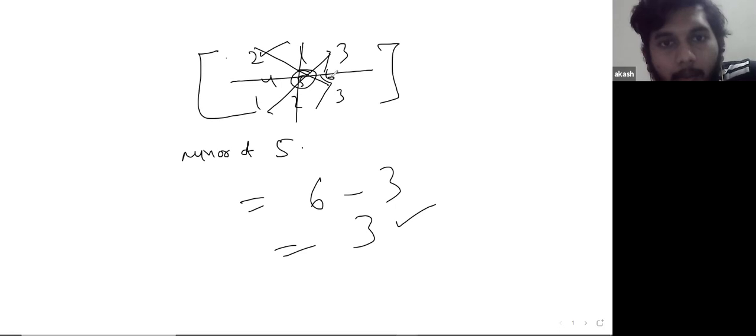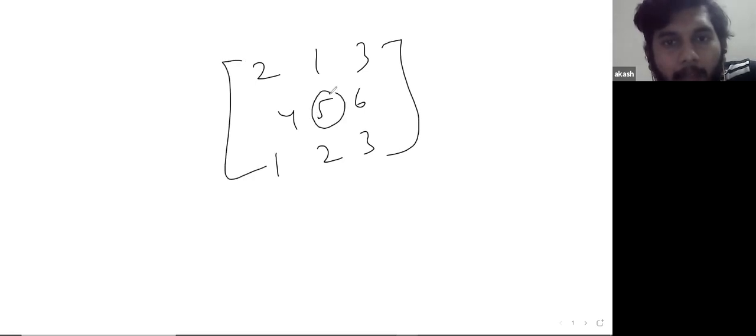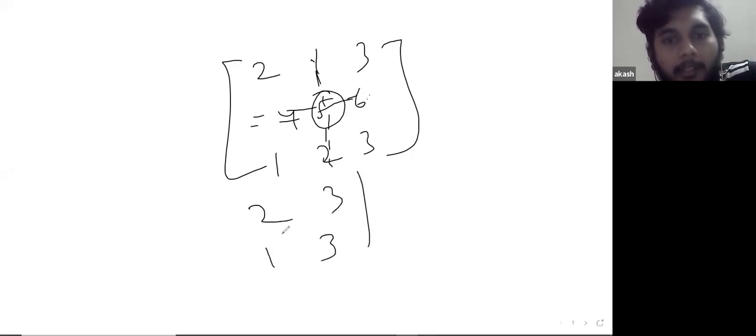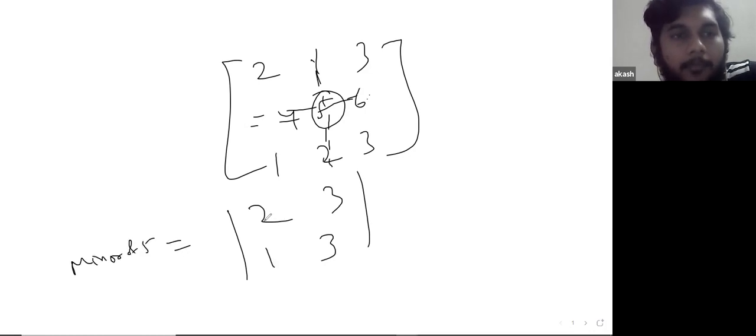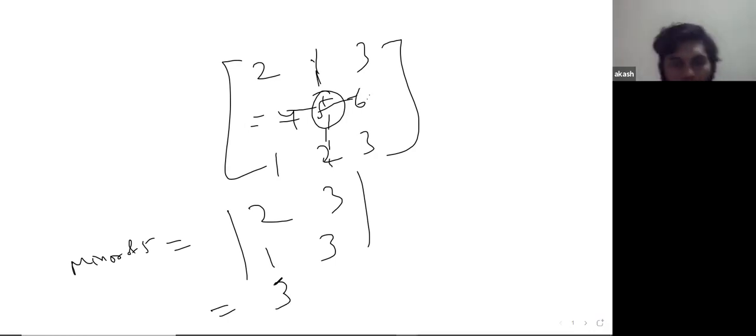See, 6 is 2 into 3. Let me rewrite it. 2, 1, 3, 4, 5, 6, 1, 2, 3. This was the matrix, right? I had to calculate the minor of 5, so remove this row and this column. After that, whatever remains, calculate the determinant of that: 2, 3, 1, 3. This is the minor of 5. The answer of this is 3. Are we clear? Yeah.